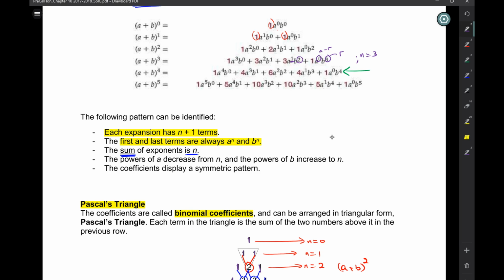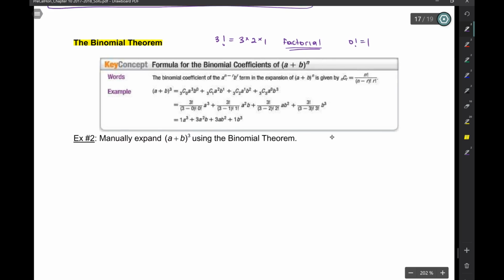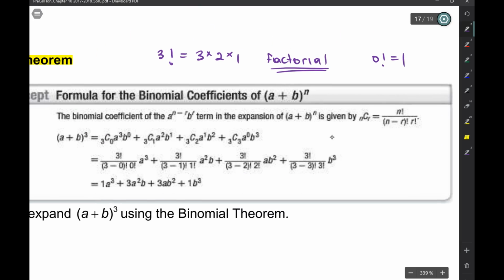So another way we can write those exponents is a to the power of n minus r and b to the power of r, right? So that's another way we could write those exponents. And in fact, lo and behold, that's how we write the exponents here, right?